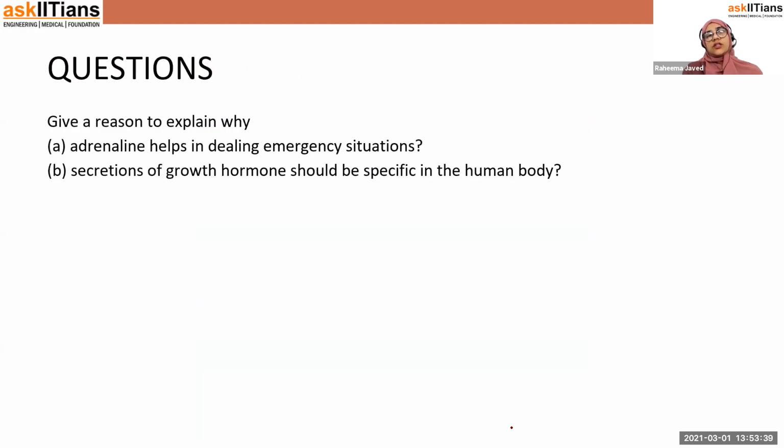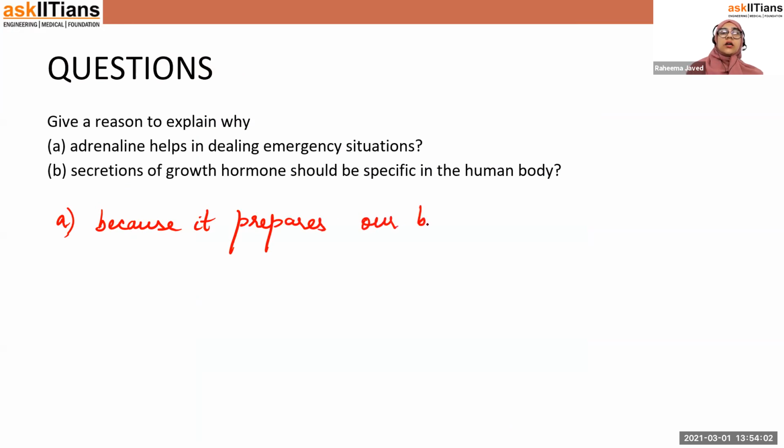So the first question is to give a reason to explain why adrenaline helps in dealing with emergency situations, and why secretion of growth hormone should be specific in the human body. Adrenaline helps in dealing with emergency situations because it prepares our body against it.